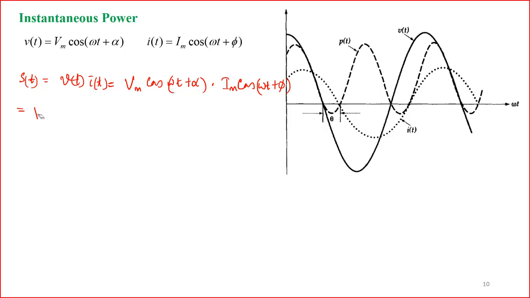And this I can write as Vm Im, half of cos of alpha minus phi plus cos of 2 omega t plus alpha plus phi.